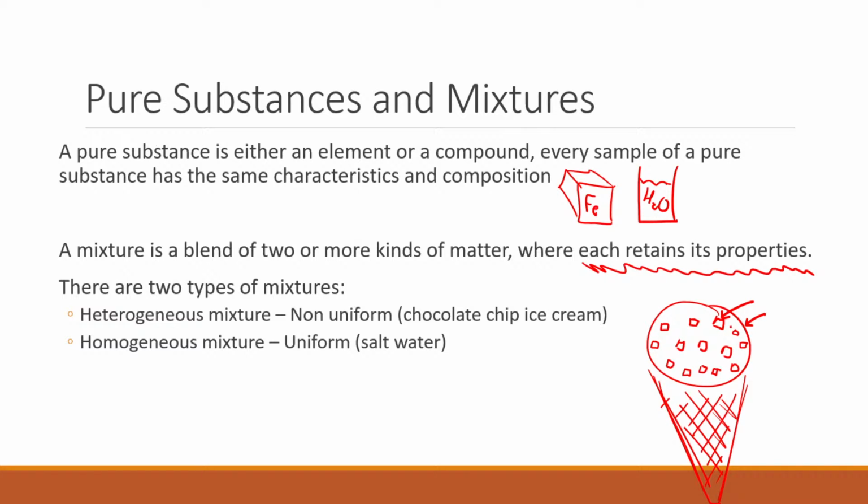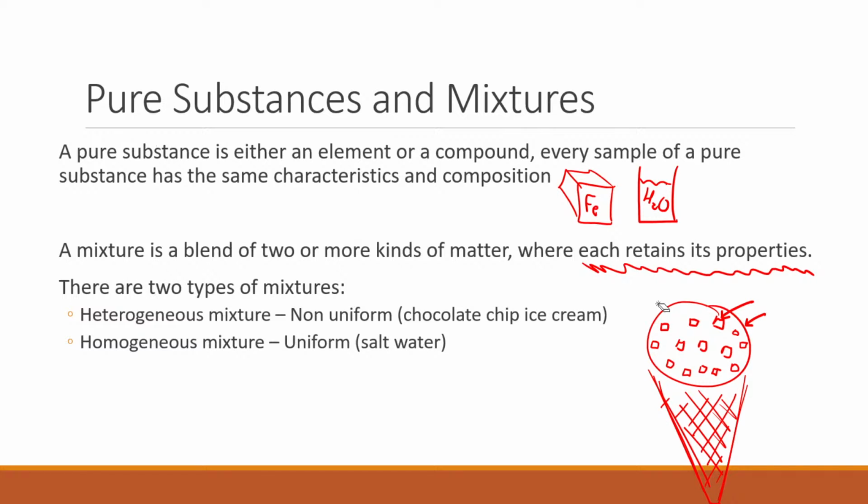Every sample, in our case, every bite of ice cream that we take, is not the same. Some bites have no chocolate chips in them. Some bites have multiple chocolate chips in them. Some bites have 1 or 3 or 2 or 6 or none.